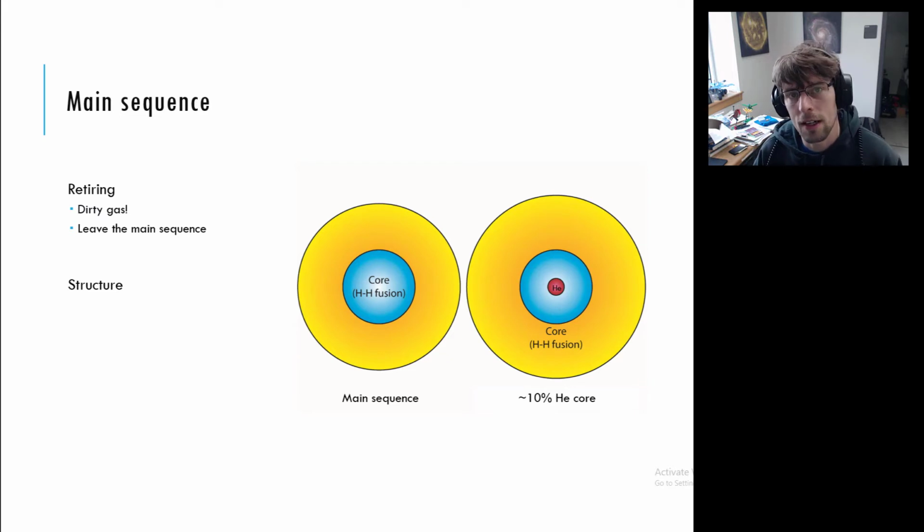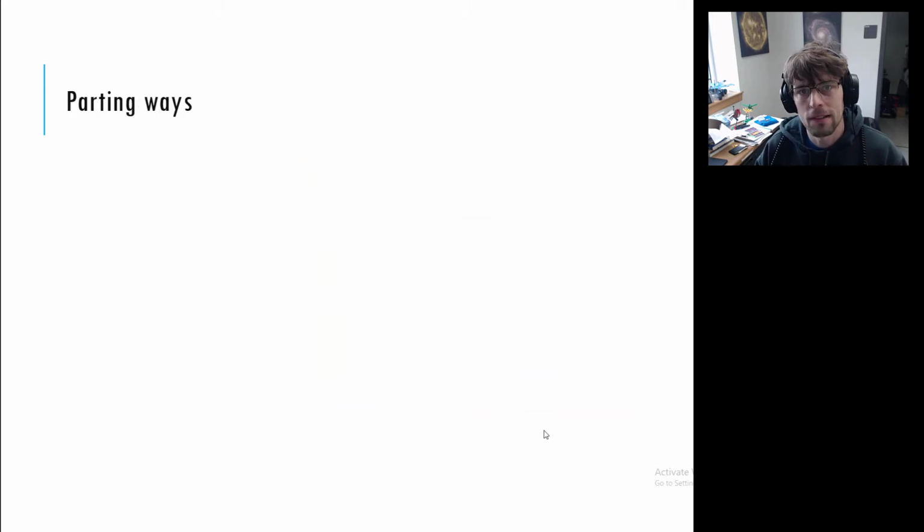And that's what that red dot's supposed to represent, helium. So the fusion process itself produces helium, which does not participate in future fusion processes. So that's what stops a star from continuing on. When about 10% of the core is helium, the fusion reaction can't be self-sustaining. The star is officially done. Okay, let's keep going then.